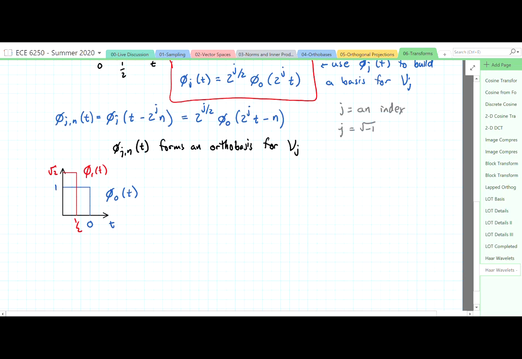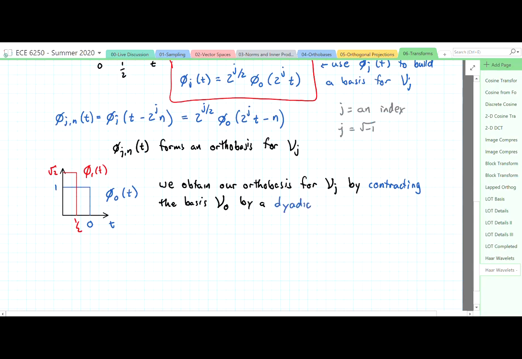So the vocabulary we use here is that we obtain our orthobasis for Vj by contracting, as you can see, the basis for V naught by a dyadic factor.